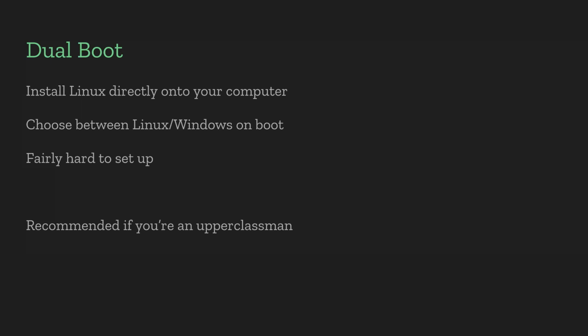But if you're an underclassman, it doesn't really matter. 314 and 312 don't really need access to Linux, and the only reason you'd really use it is for CTFs, stuff like that. That said, if you do want to set it up, I would highly recommend it. It's just kind of a pain, and you may need to do some additional reading.